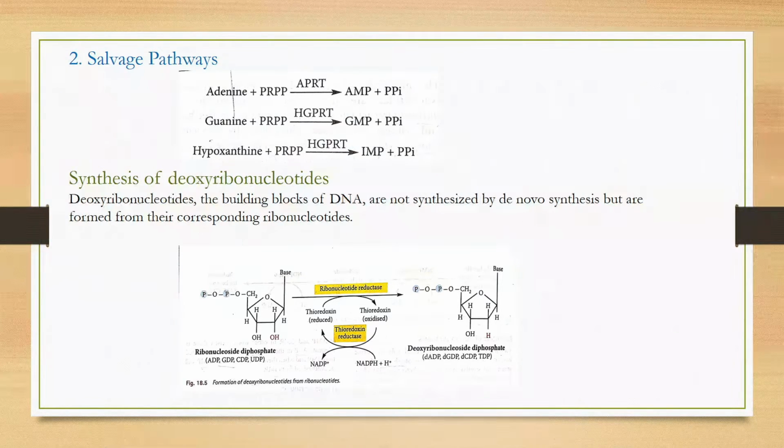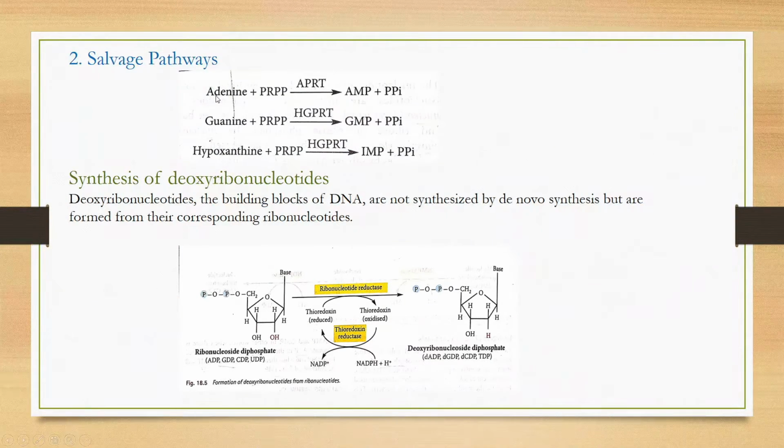In these tissues the free purine bases are reconverted to their corresponding nucleotides, and the process is known as the salvage pathway. The salvage pathway requires less energy compared to de novo synthesis.